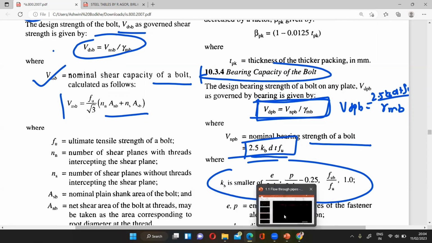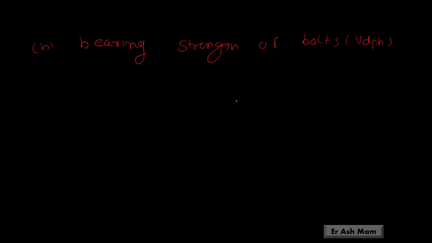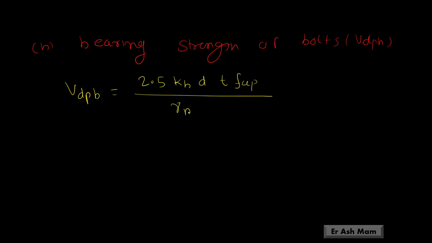Okay, so let's solve now. Bearing strength of bolt, the formula is VDPB equal to 2.5 kb D T FU upon gamma MB, where kb depends upon 4 criteria.